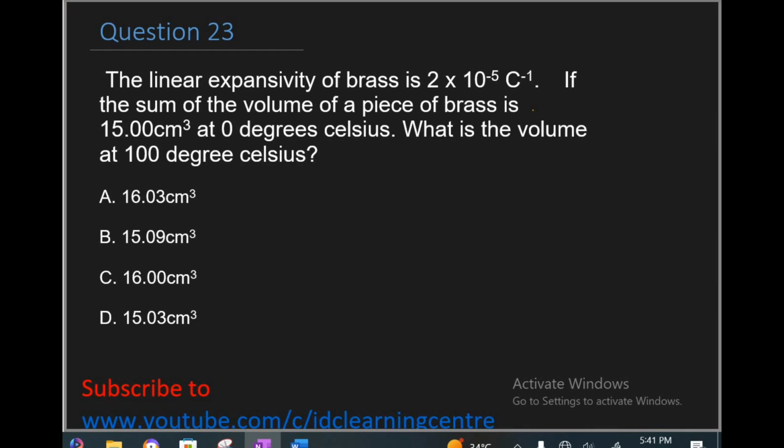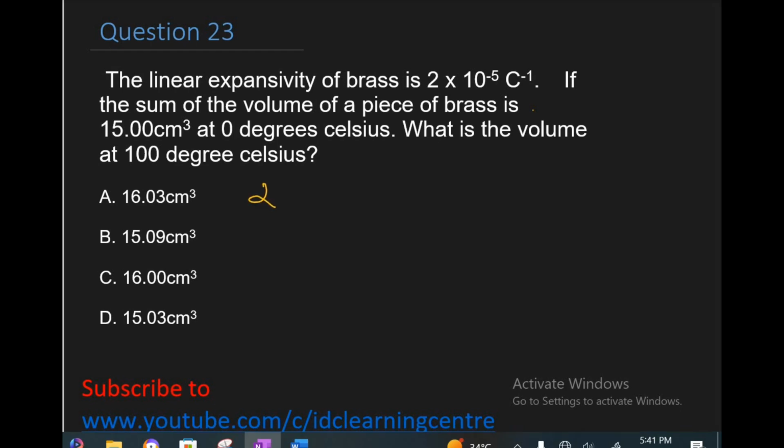For this question, we're given our linear expansivity as 2 times 10 to the power minus 5 per degree Celsius. Then we have our V1, the initial volume, which is 15.00 cm cubed.